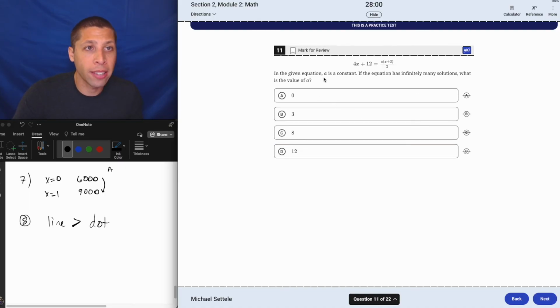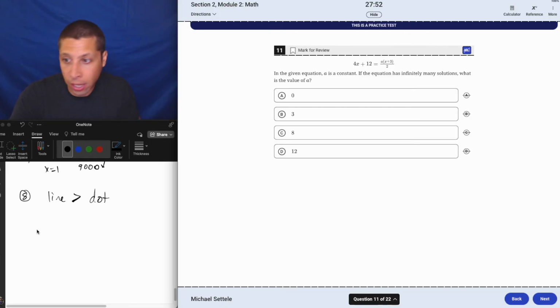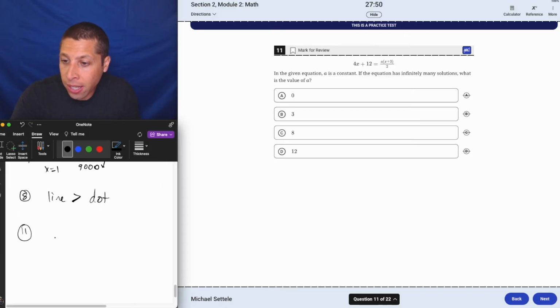In the given equation, A is a constant. If the equation has infinitely many solutions, what is the value of A? The way I think of this is as two lines, because there's no x squared anywhere. One of them is 4x plus 12, and we're thinking they have infinitely many solutions. The two have to be the same line.